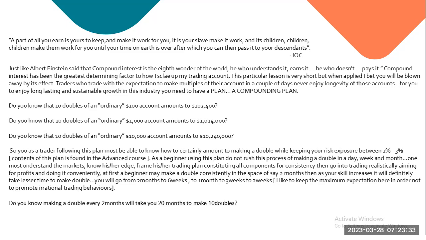The difference is that I have been able to evolve into the kind of trader that this market respects. I have broken myself, I have changed myself to align to the kind of trader this market respects.